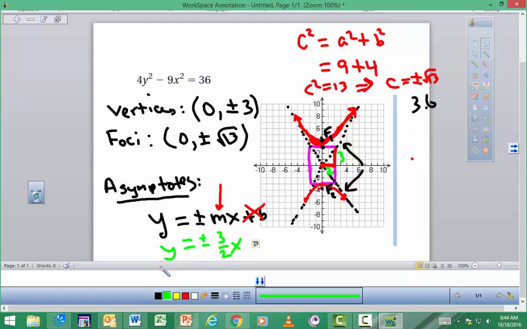And so it's not really that hard to find the equations of the asymptotes. Now why is it plus or minus? Because you have one asymptote going this way, that's the positive one, but then you have the other asymptote going this way, which is your negative one. So you have plus or minus 3/2 x.